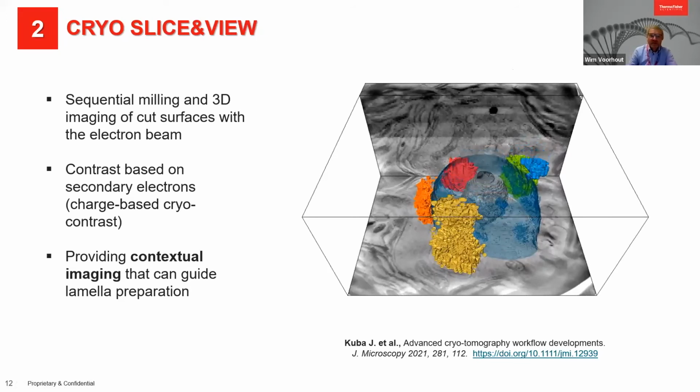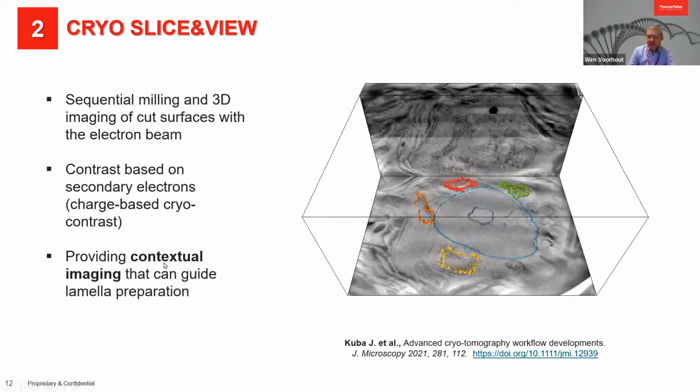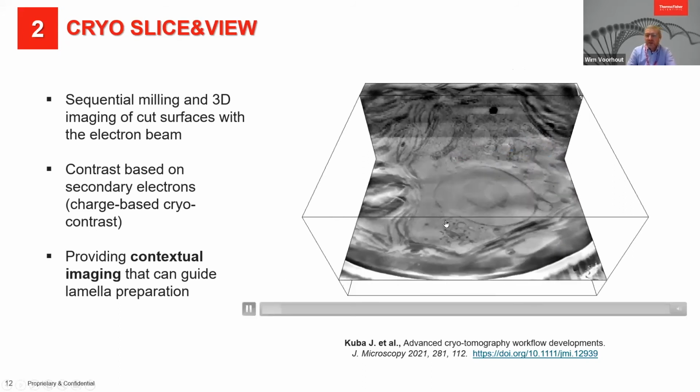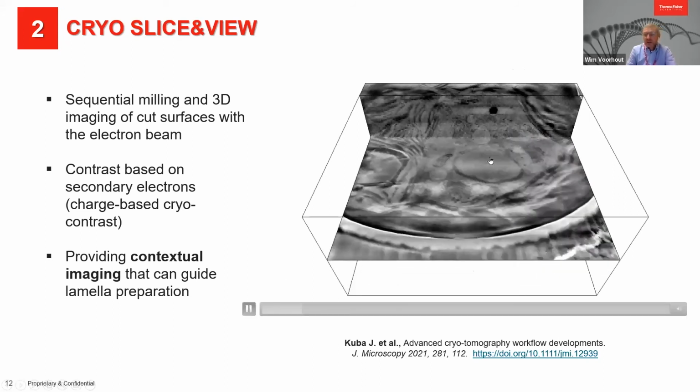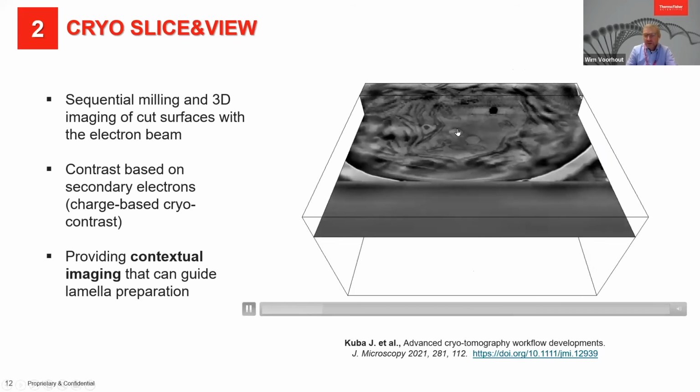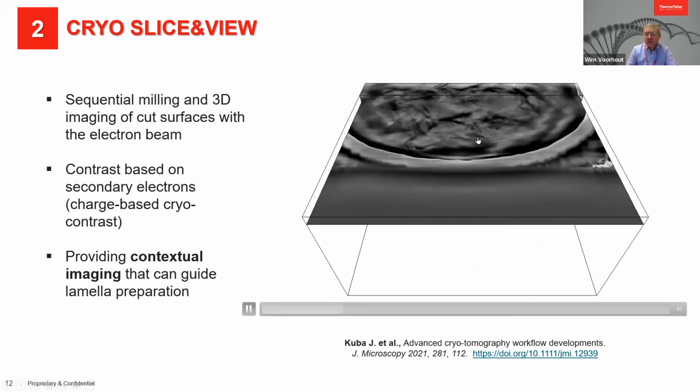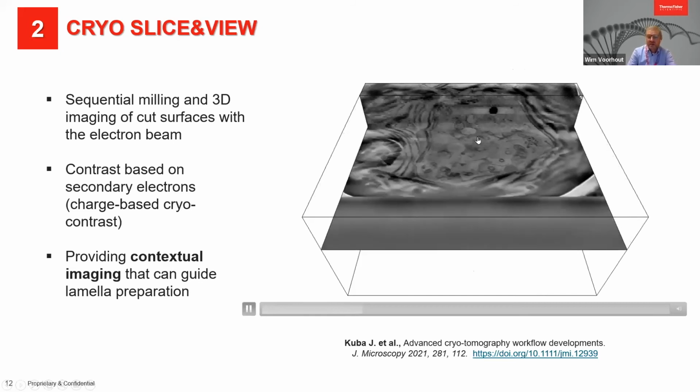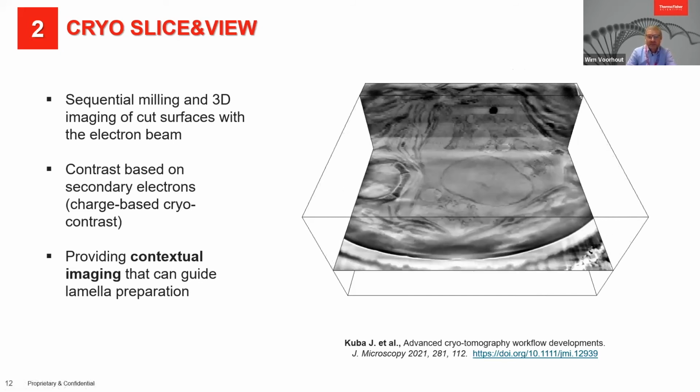So it provides, let's say, the contextual image. For instance, if you're interested in the nucleus, with the slice and view, you slice away material until you are in the nucleus, and then you can start preparing your lamella.